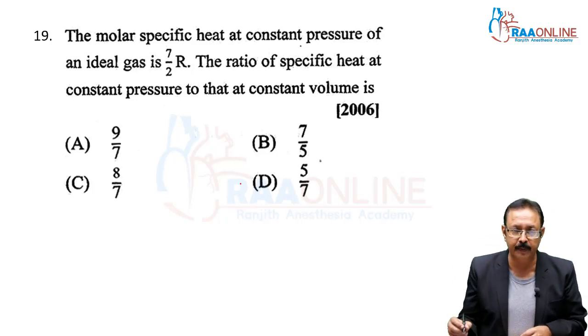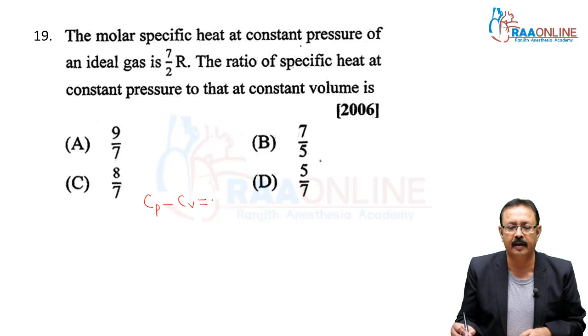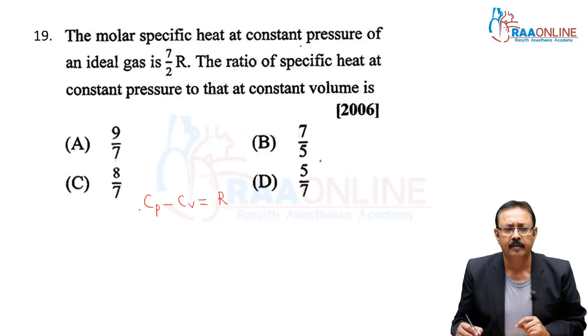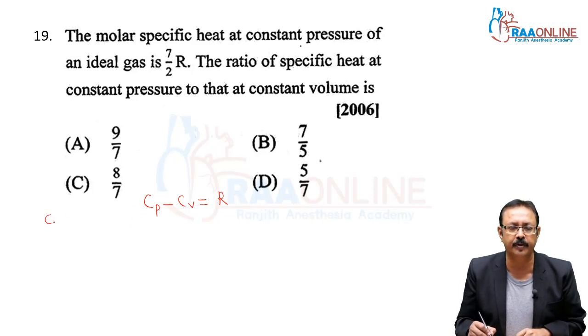The problem was very simple. Based on Mayer's formula, Cp minus Cv is R. They are giving Cp as 7R/2.